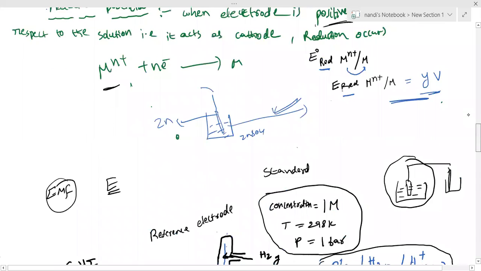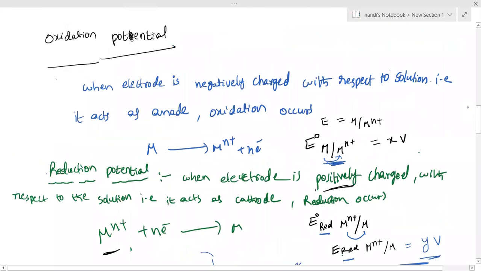Reduction potential and oxidation potential, we noted the same definitions yesterday. In standard conditions, the reduction potential is shown as Mn+ to M. Oxidation potential, M to Mn+, means loss of electrons. If you didn't note it down, note it now. Reduction potential is gaining of electrons: Mn+ to M. The oxidation is M on the left and Mn+ on the right; the reduction is reversed.